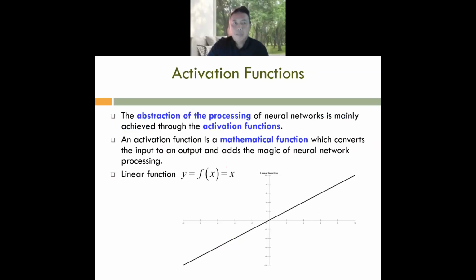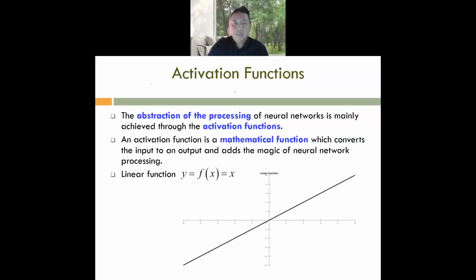So there are several activation functions that we have. The first one is what we call the linear function. A linear function will give you the same value as the x. So this is the linear function. If your input is 1, then the y will be 1 also.